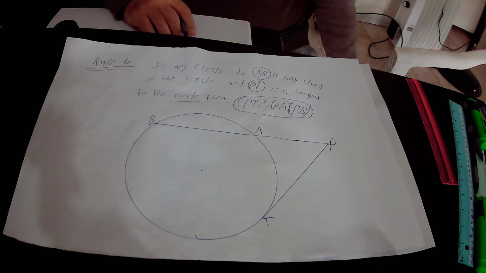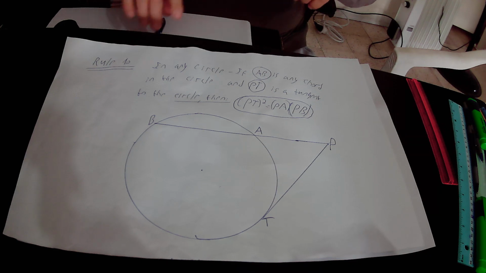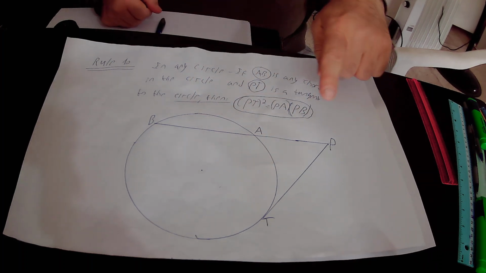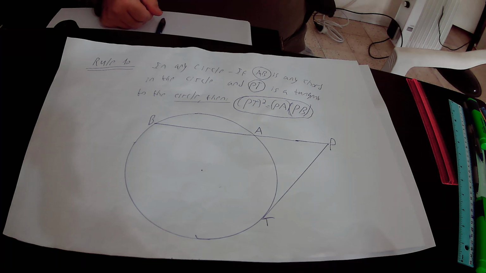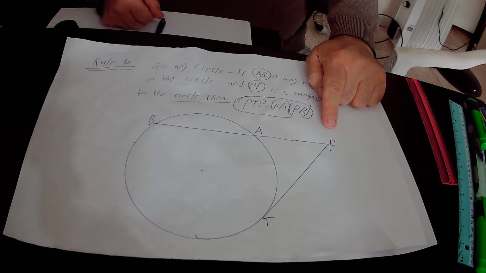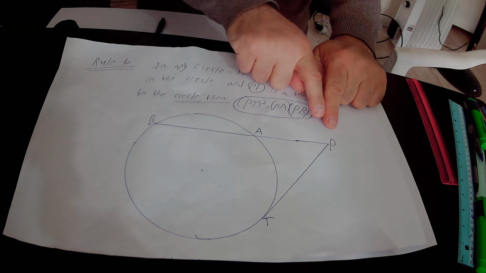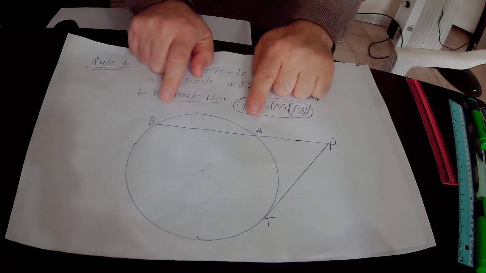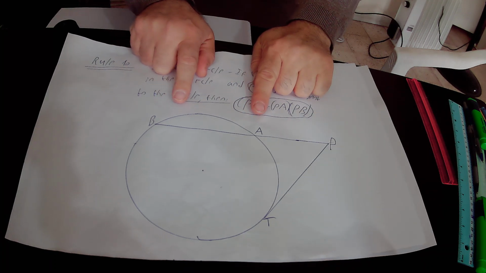Rule 10 is true in any circle. So in any circle, if AB is a chord, here we have chord AB in the circle, and from a common external point P we have tangent PT that is tangent to this circle at this point T, and we have from the common external point P a straight line through chord BA, or the extended chord BA.